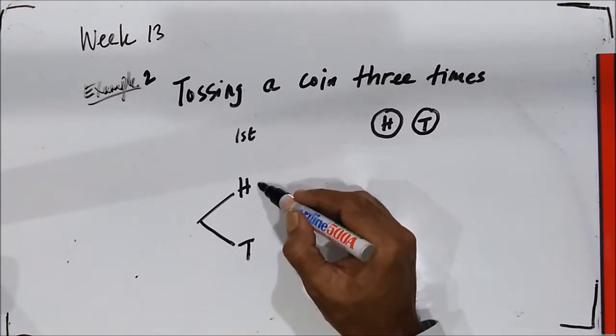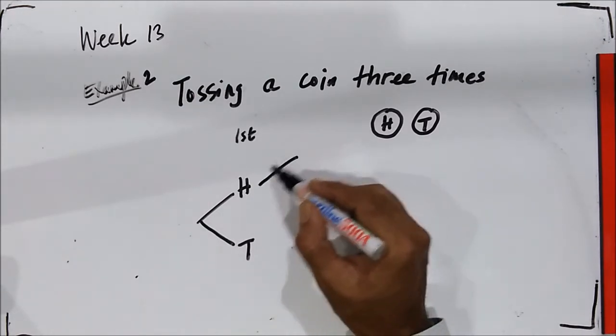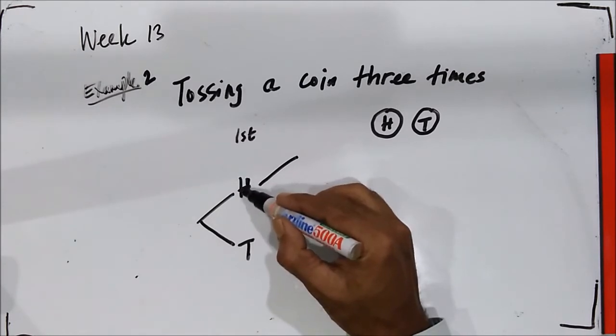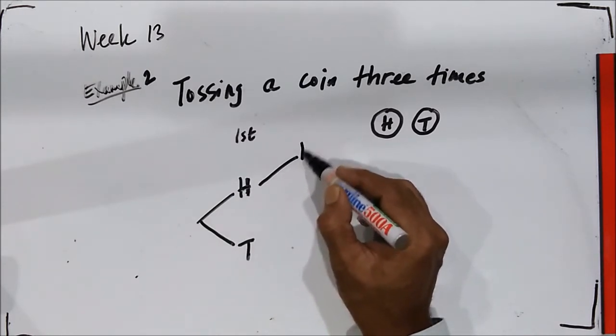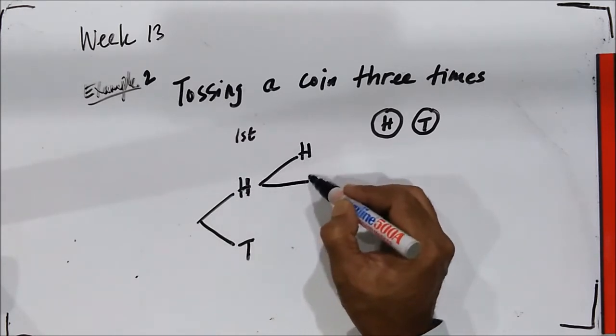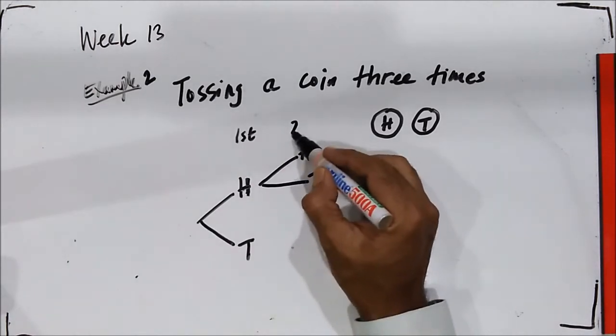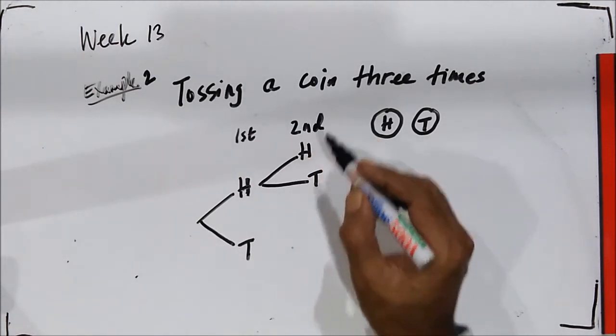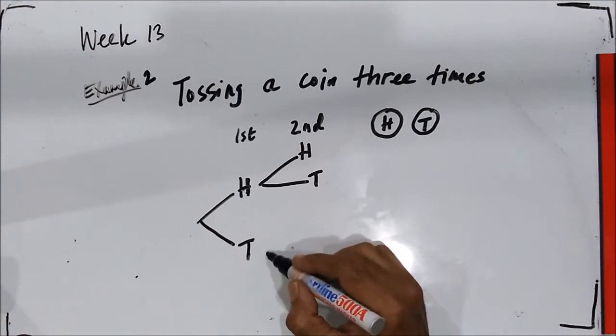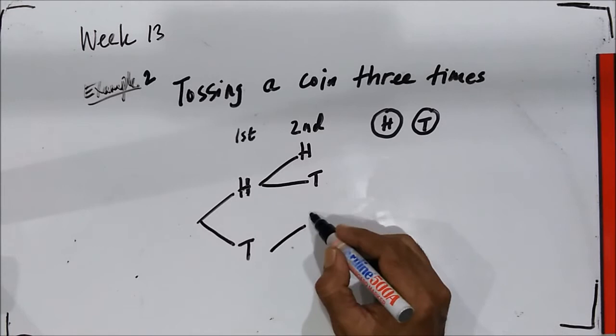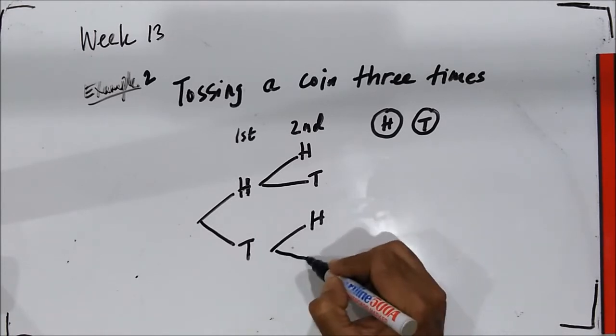And for the second toss, if you get a head here, you can get either a head or a tail for the second toss. This is the second toss. And if you get a tail in the first toss, you can either get a head or tail in the second toss.